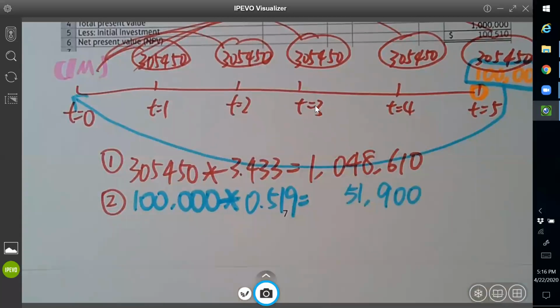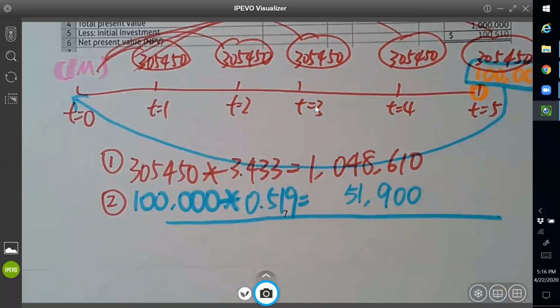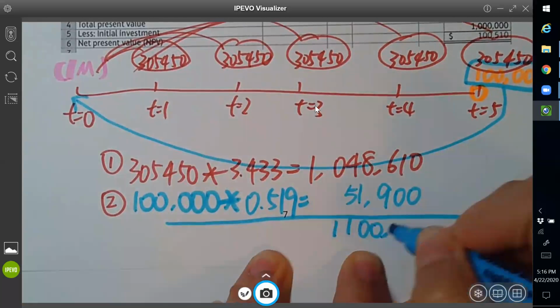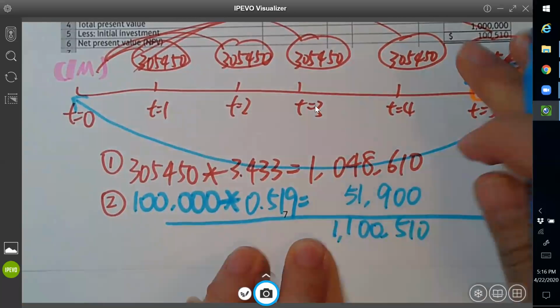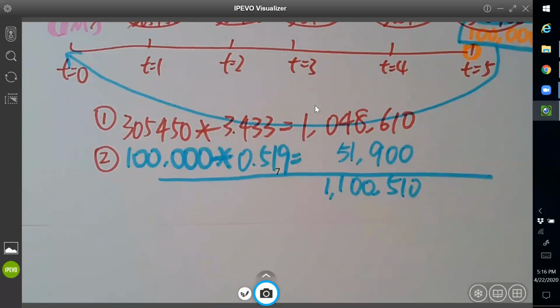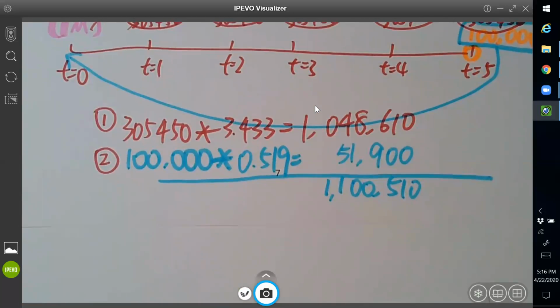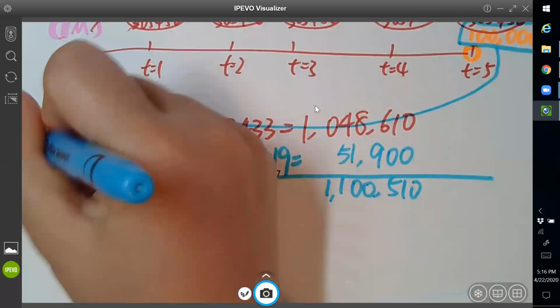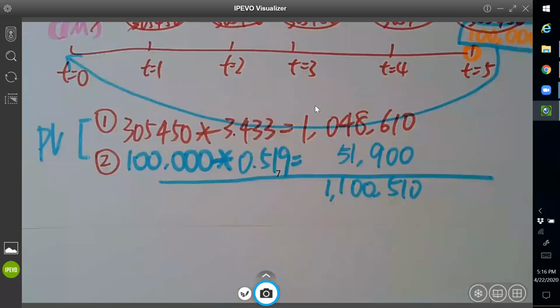So your total present value of the two sets of the cash flow will be $1,100,510. One more time, are we done? You should tell me no. This is just the present value of the two sets of the cash flow.